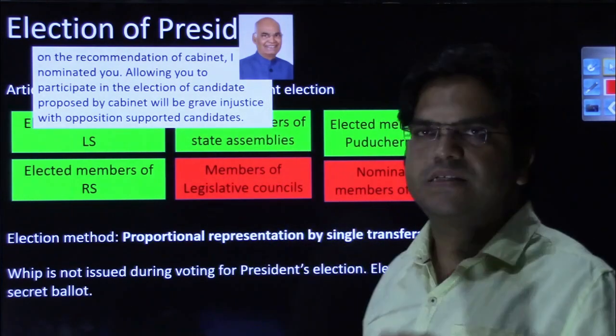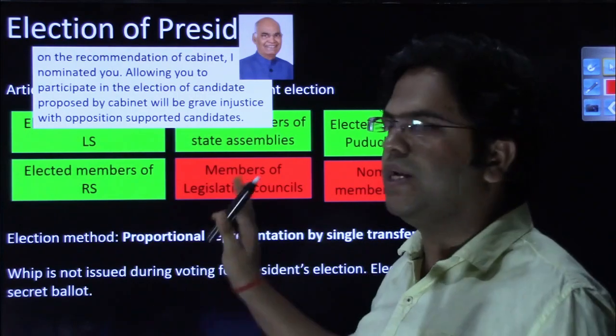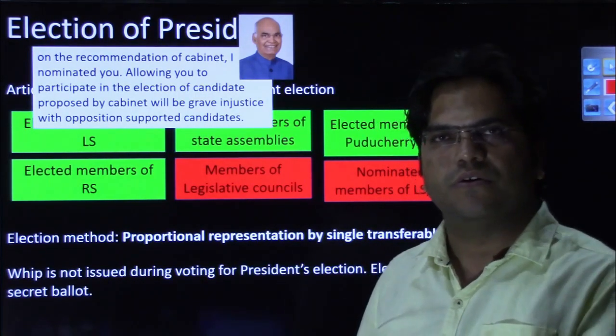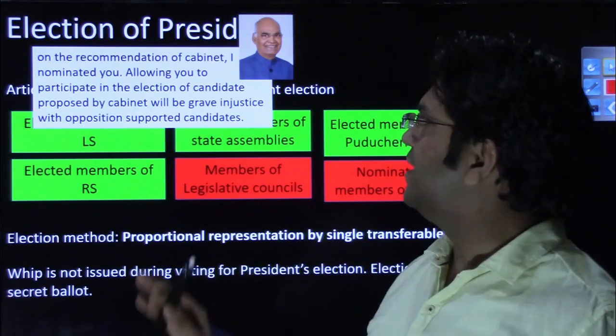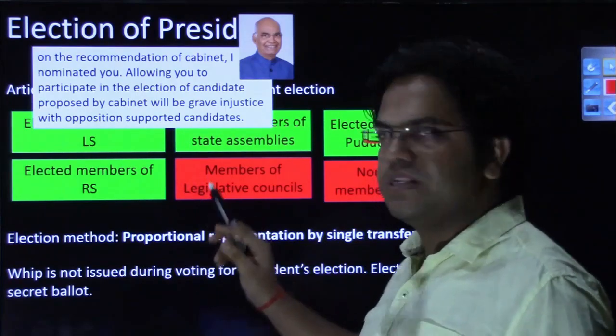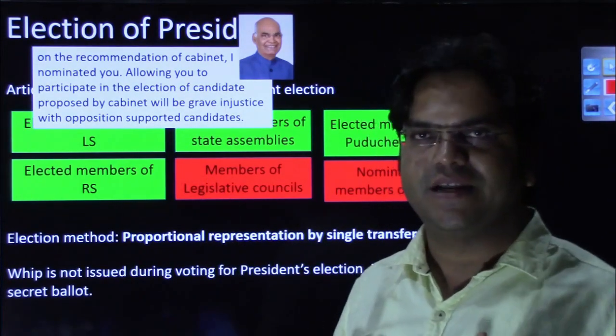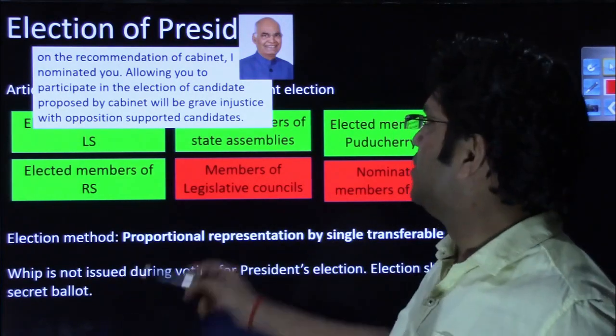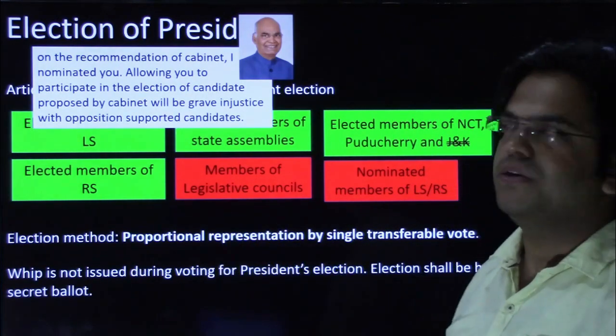It is not the President who nominates, the President formally nominates, but the nomination proposal is forwarded by the Council of Ministers. So the candidate supported by the government, those 12 nominated members will support that government-supported candidate, and that's why nominated members are not allowed to participate in the election of the President.